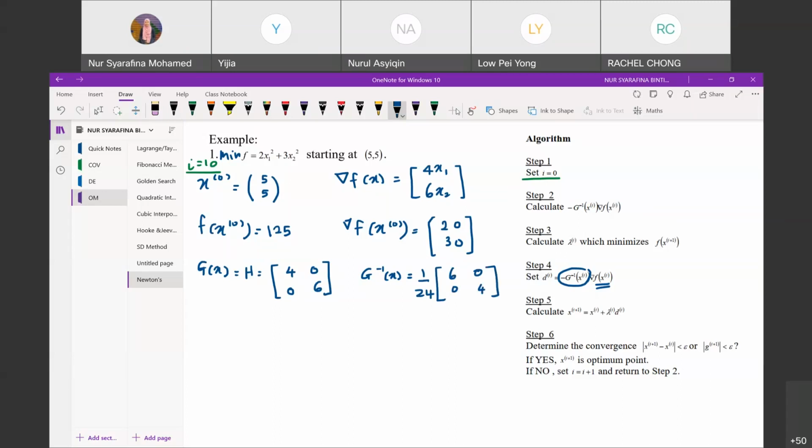This one, right? Which gives you the inverse matrix.